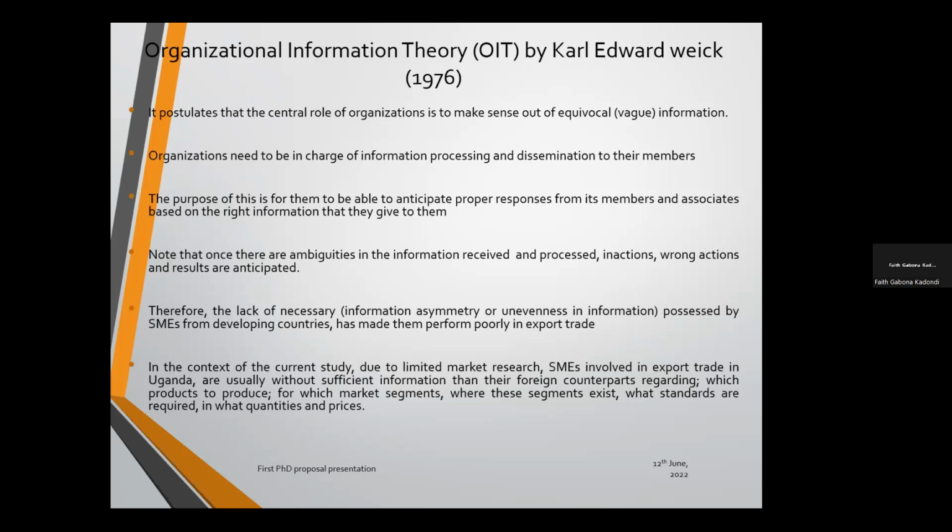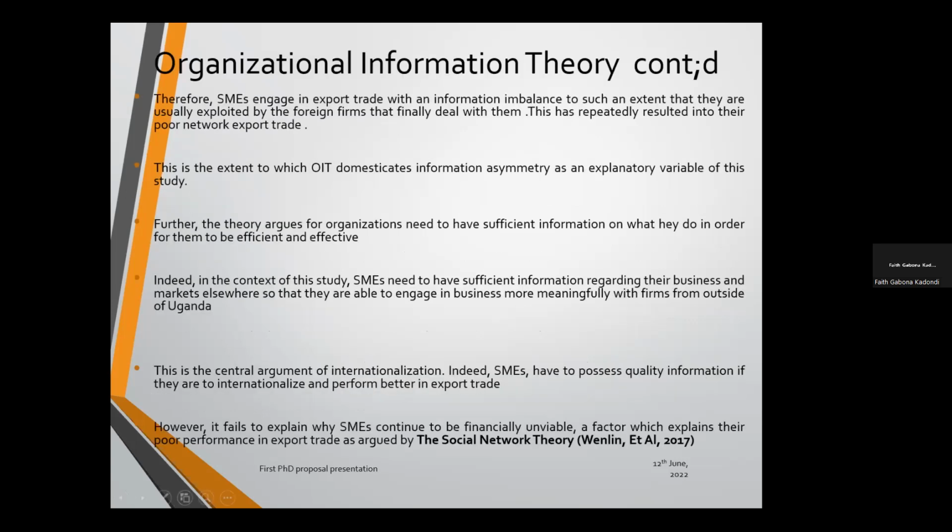In the context of my current study, due to limited market research, small and medium scale enterprises that are involved in export trade in Uganda are usually without sufficient information on which market segments, where these market segments exist, what standards are required, and in what quantities and prices. Therefore, SMEs engage in export trade with an information imbalance to such an extent that they're usually exploited by foreign firms that deal with them.